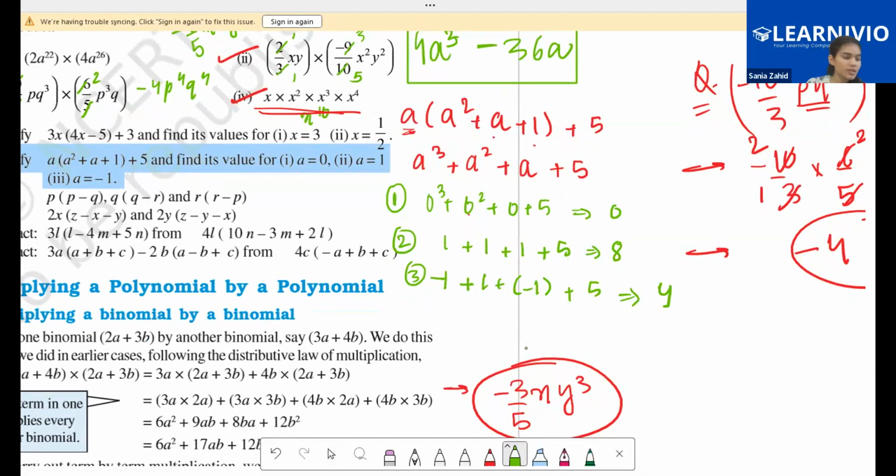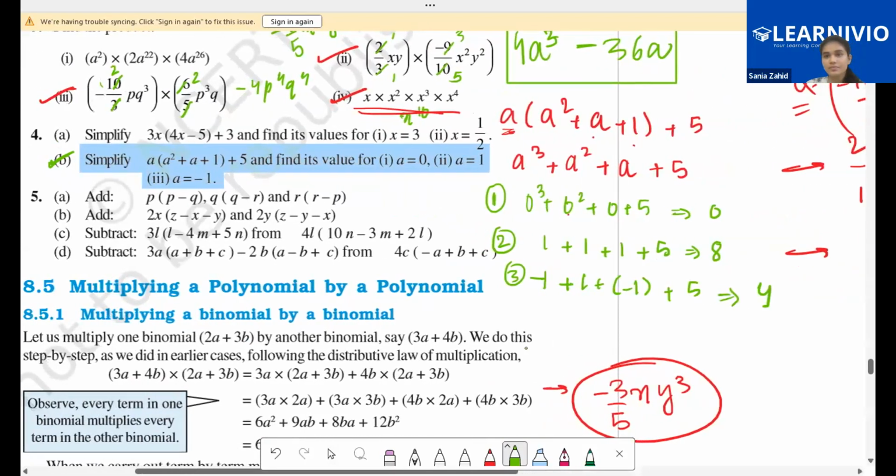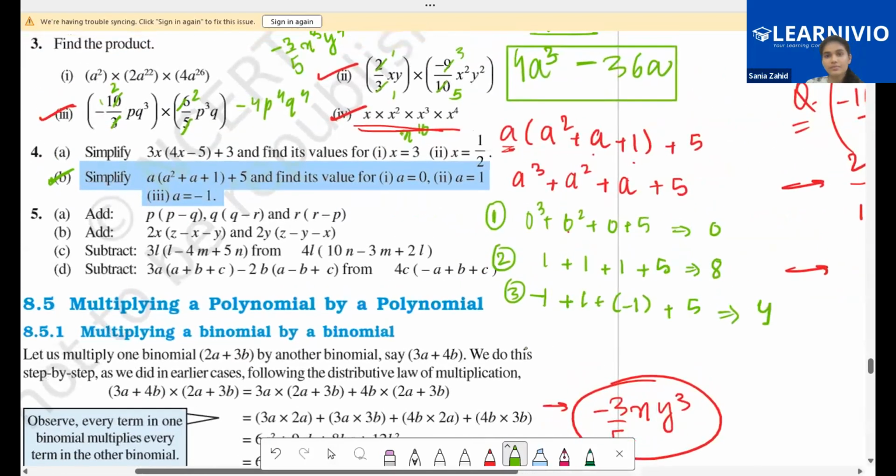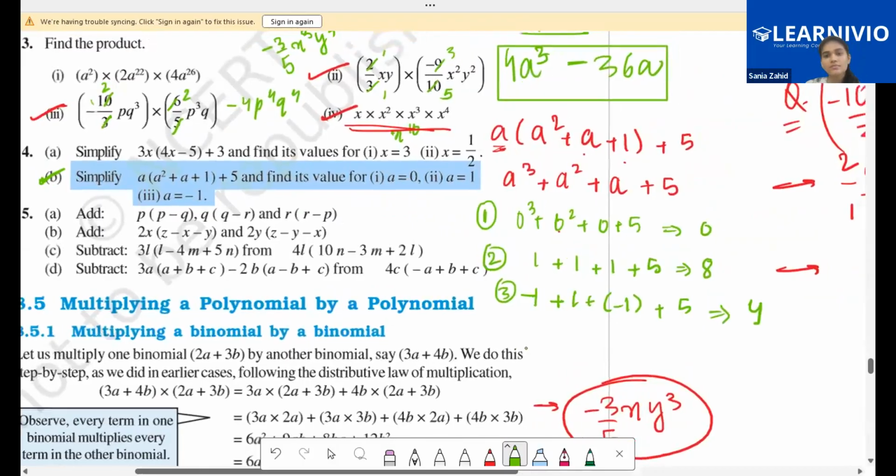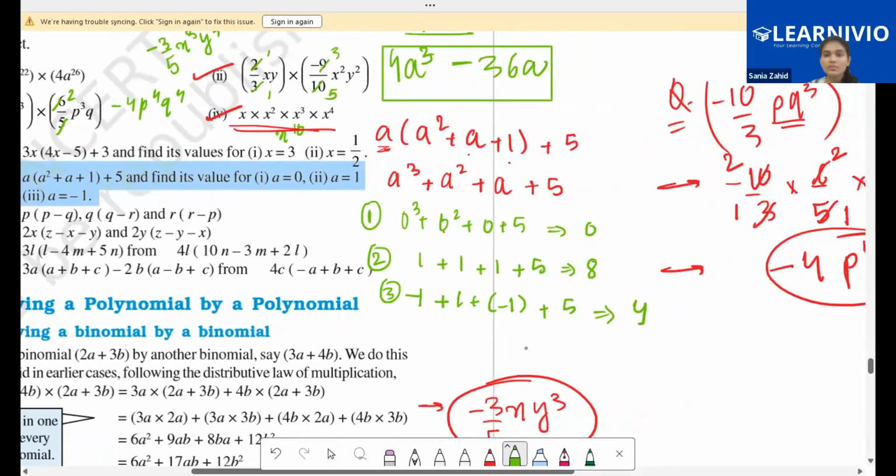Right, children? You get these answers? And I got 6. How 6? Ma'am, I have a minus question on the first one. Yes, Duha, ask. Ma'am, 0 plus 0 plus 0 plus 5 is 5, right? Yeah, I mistakenly wrote 0, but I meant 5 only.